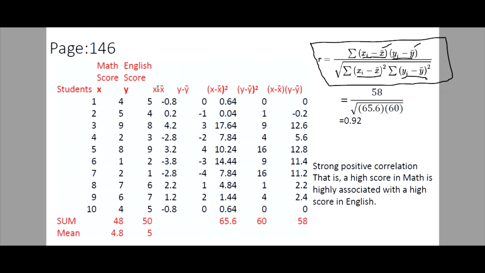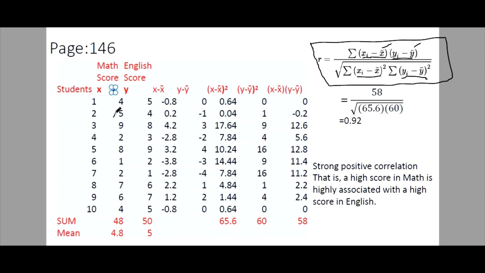So first we'll find the x minus the mean. Solving for the mean of x, we have 48 divided by 10 because there are 10 students, so we have 4.8. Then negative 0.8 here is for x minus 4.8: 4 minus 4.8 is negative 0.8.